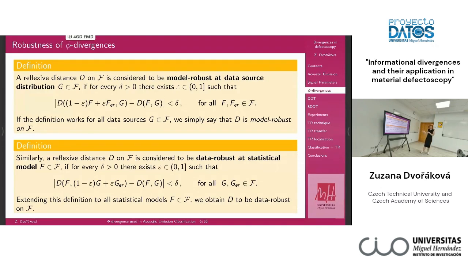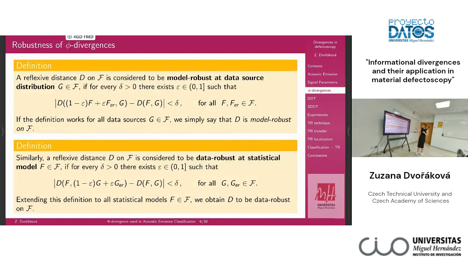So this is model robust. Similarly, we define data robust. This is important for my research because I always have some distortion in measured data, some pollution or some mistakes.